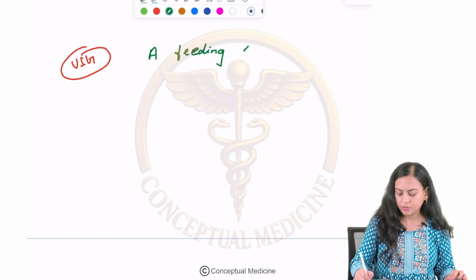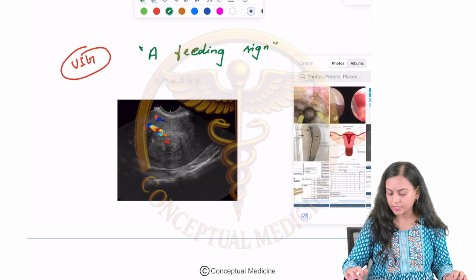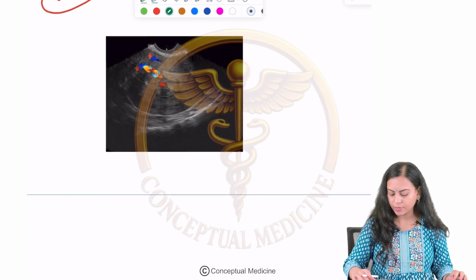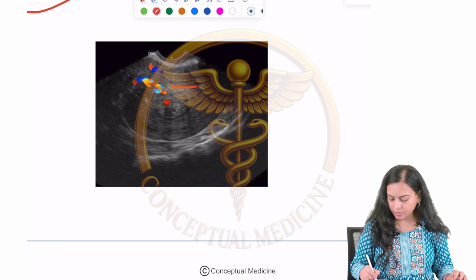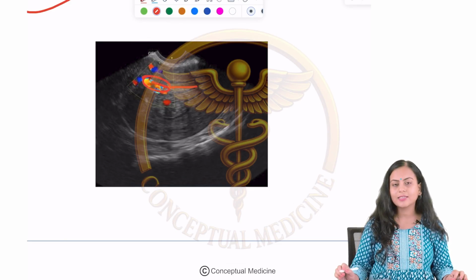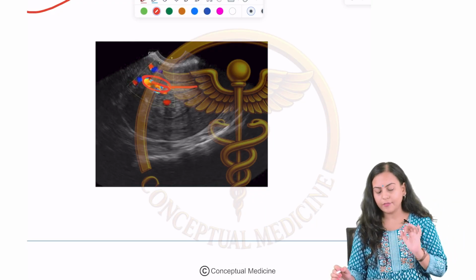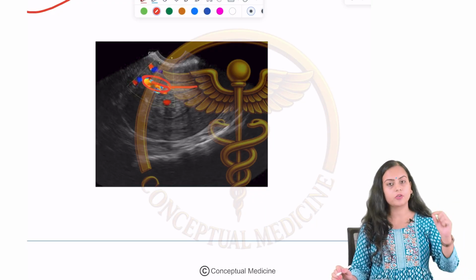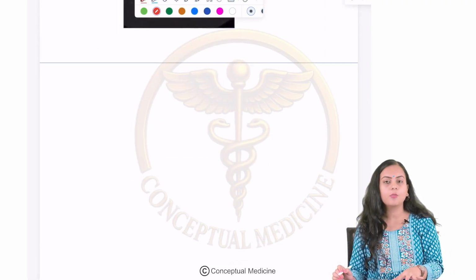This is important, a mass with a feeding vessel sign. If you see, this is the line of endometrium, but in the line of endometrium you are getting the vessels. So the color Doppler is showing the vascularity of that particular region because a mass is protruding inside, which is nothing but a polyp.